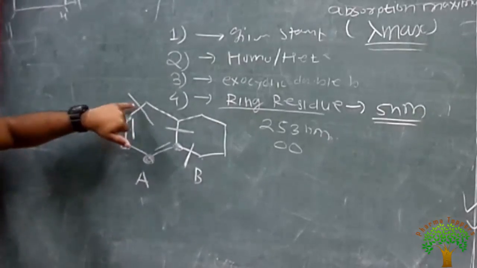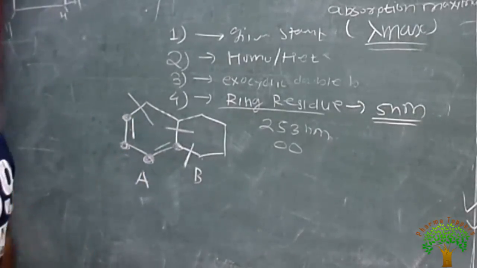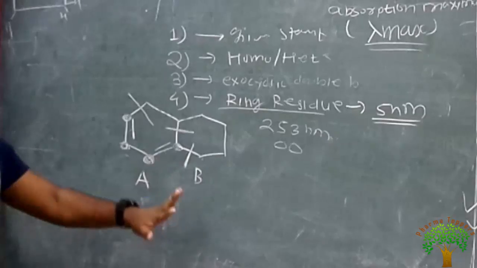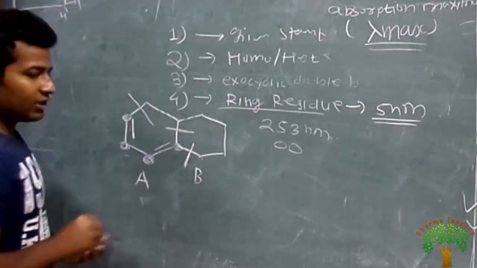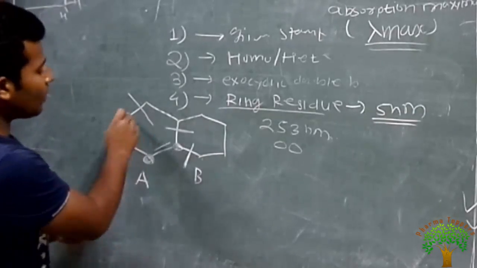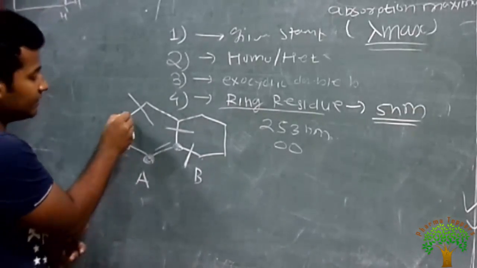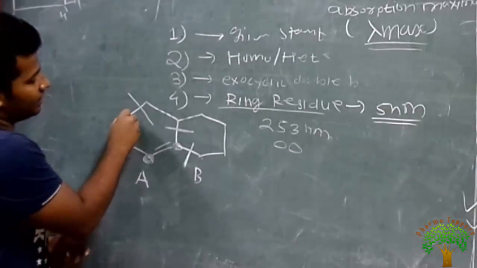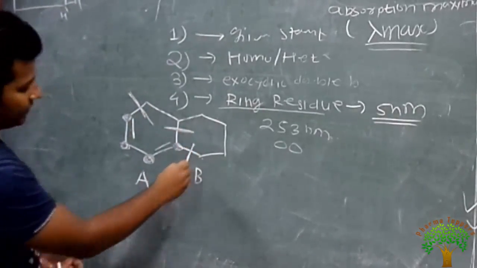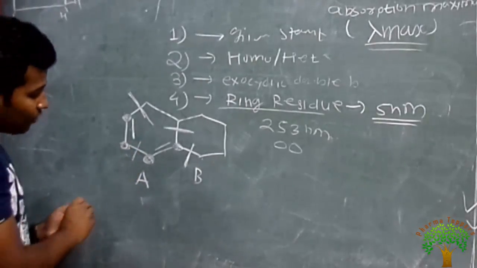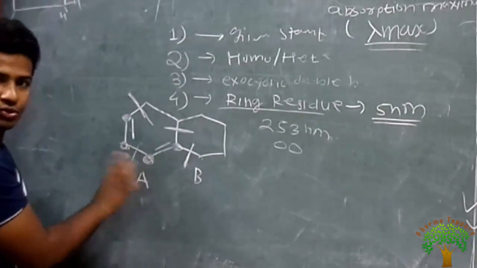There are 3 ring residues in this structure. Very simple. Only understand this concept: a ring residue is always present in front of a conjugated carbon. For the first, second and third, there is no ring residue between these because these two are in conjugation.